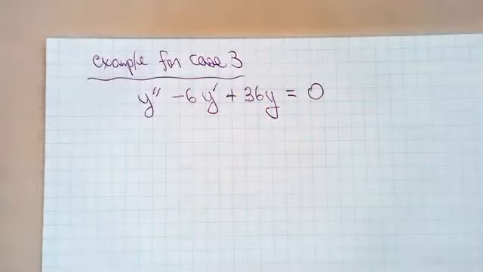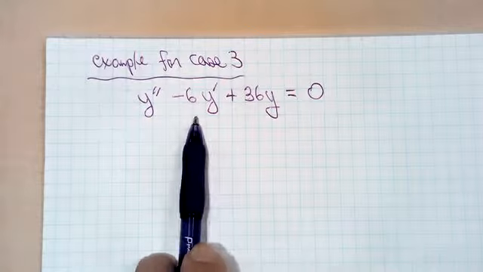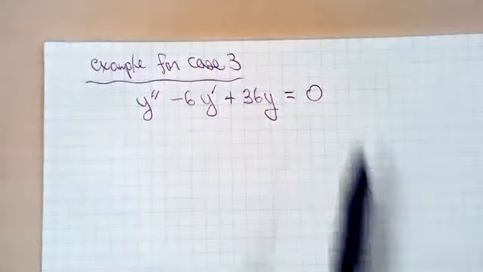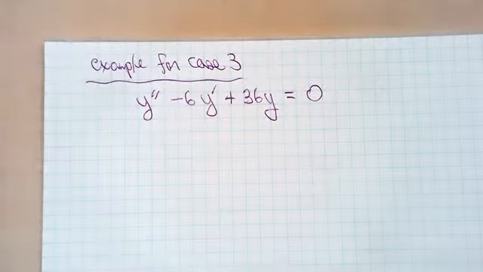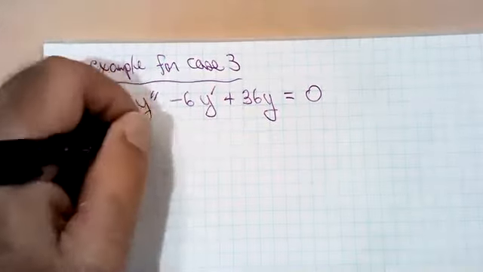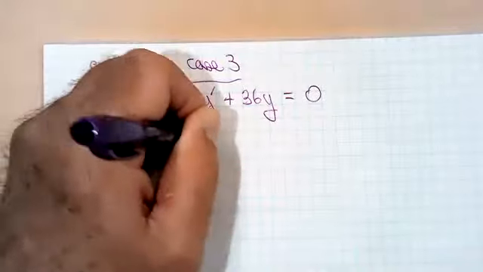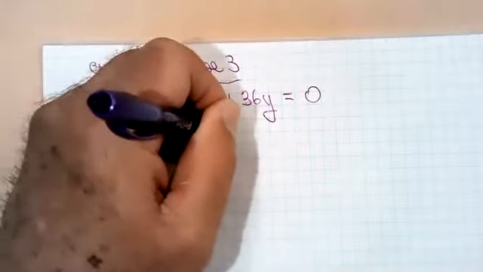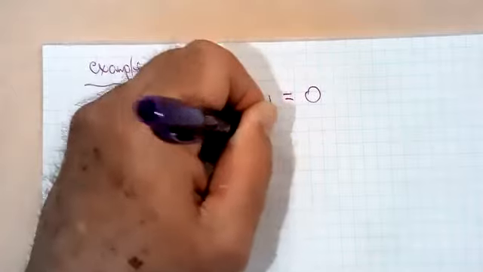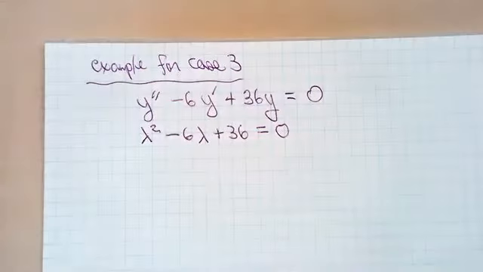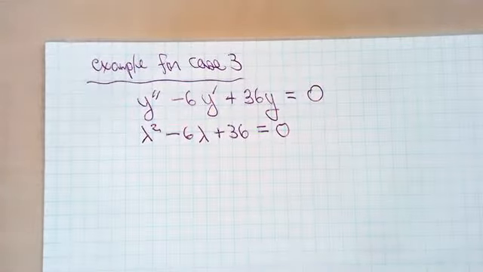Second order linear ordinary differential equations with constant coefficients and 0 on the right-hand side. When I want to solve an equation like this, the first thing I do is write down my characteristic polynomial, set it equal to 0 to form an equation, and solve that.